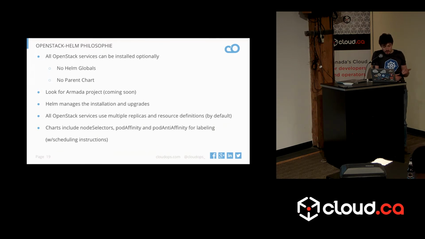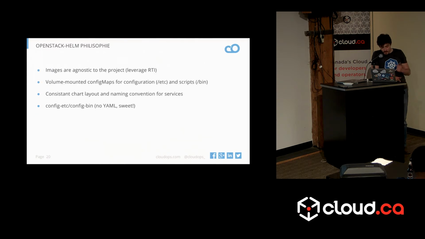All OpenStack services are going to use multiple replicas and resource definitions, and using the scheduling mechanism, you can have pod affinity and anti-affinity. The cool thing about OpenStack Helm is that right now we're using Kolla Kubernetes images, but the way it works, you can actually use any containers.